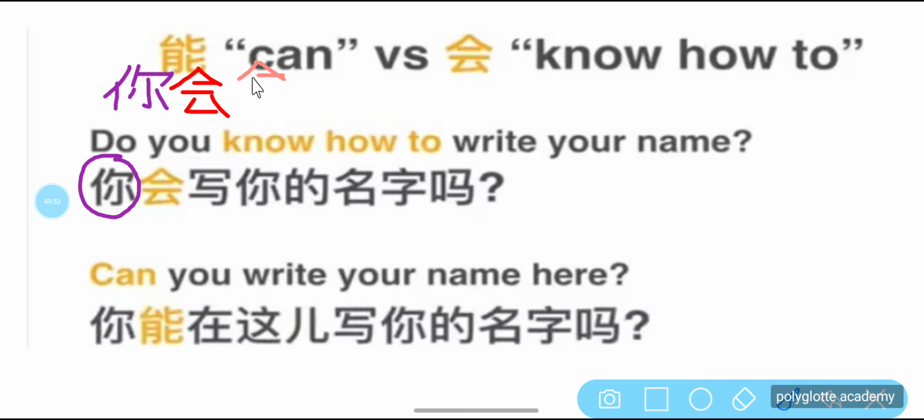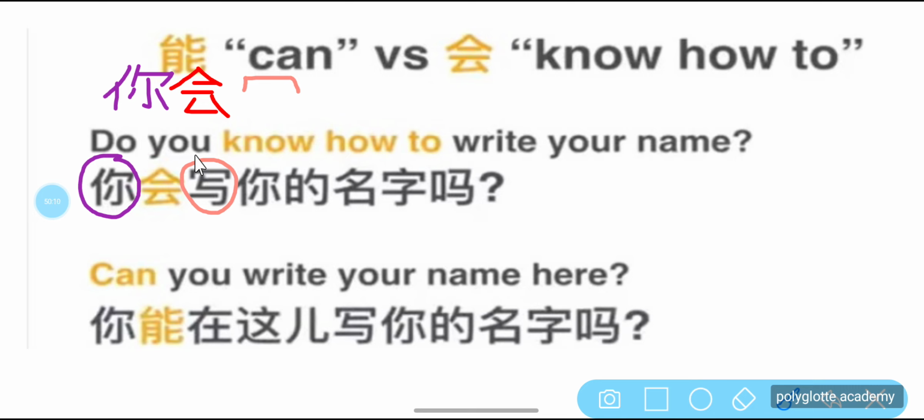We have xiě. Let's write the character very well. Sorry for writing the character in that way. This is the character we are to write.